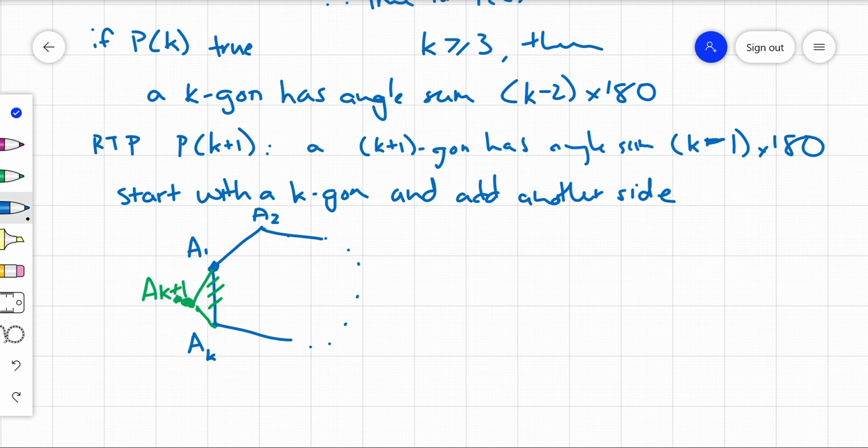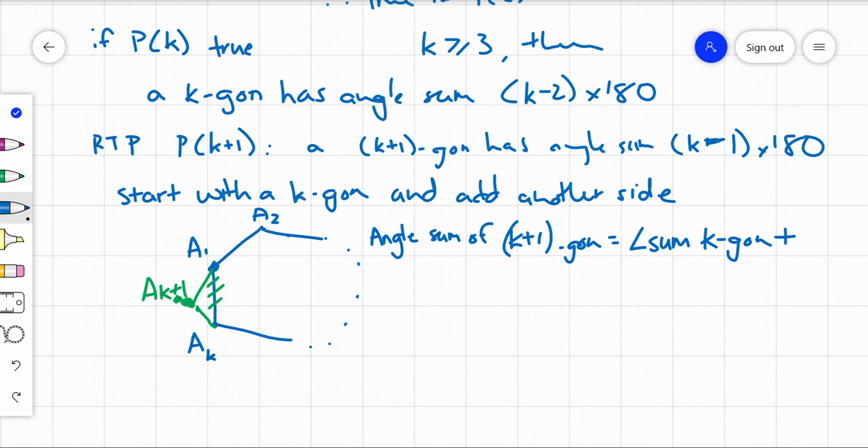So you can see then that the angle sum of the k plus 1 gon is equal to the angle sum of the k-gon, and I'm using shorthand, please don't do it when you do it, plus this extra triangle here, this little green part, triangle A1, AK, AK plus 1.